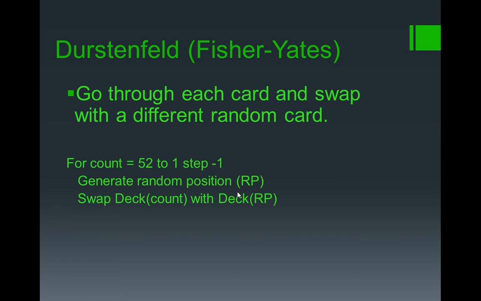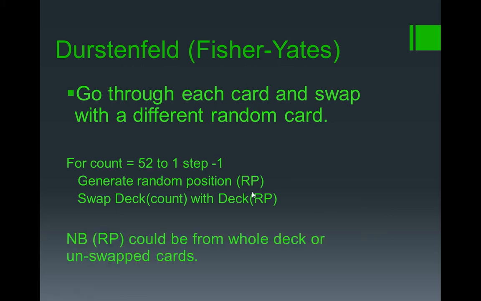So basically, for each card in the pack, in this particular one, I'm going from the back to the front. What you do is you generate a random position and then swap the current position with your random position. The random position can either be selected from the whole deck or just from the unswapped cards. Swapping from the front to the back and back to the front alternately, if you're going to do multiple ones of this, might be slightly better, because especially if you're going to only go for the unswapped cards, this last loop is basically rubbish.